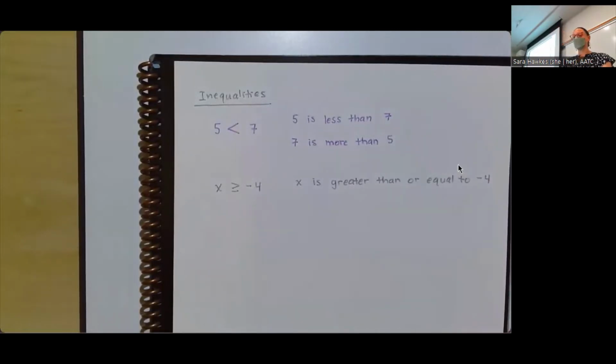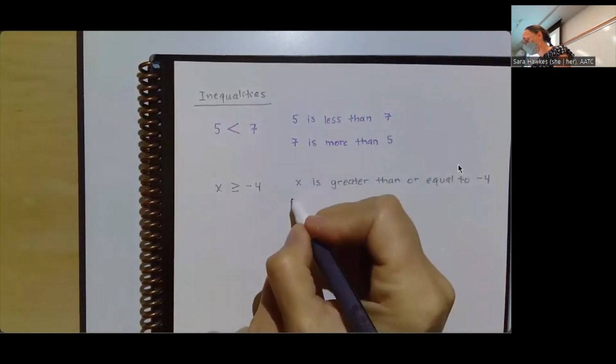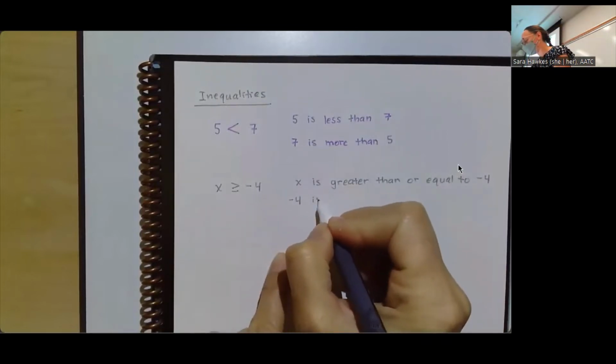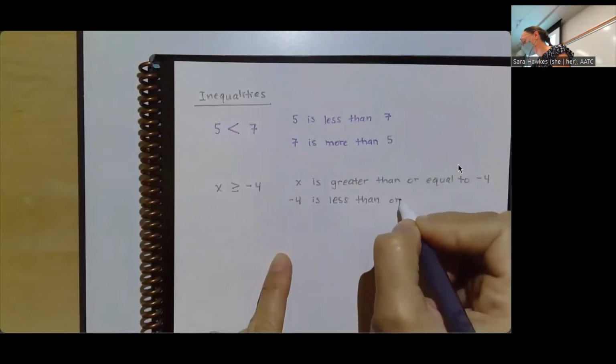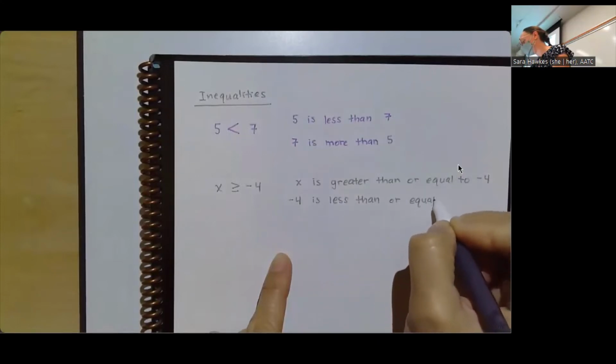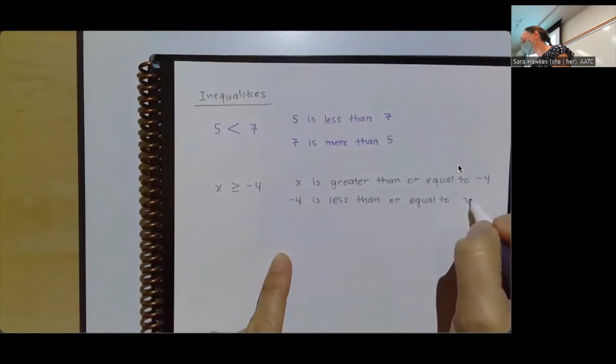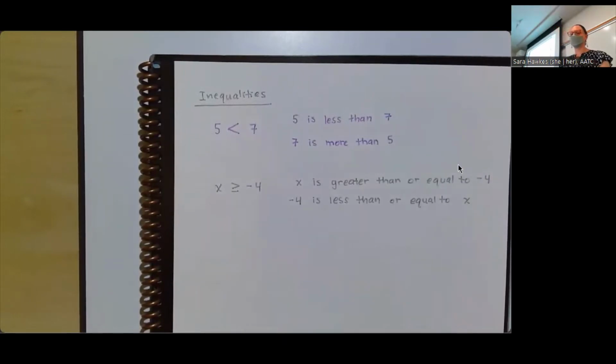But I could also read it from right to left and read that as -4 is less than or equal to x.